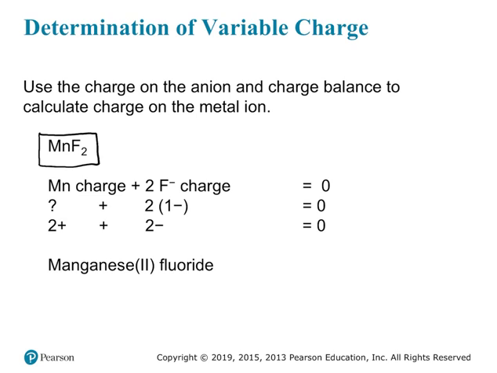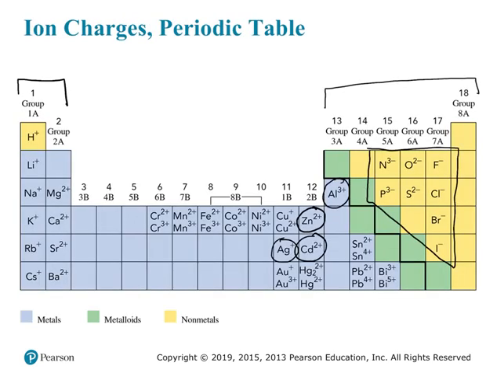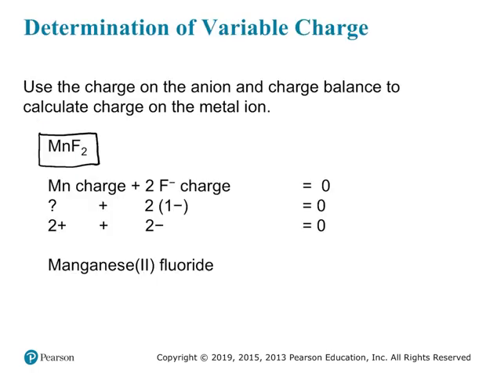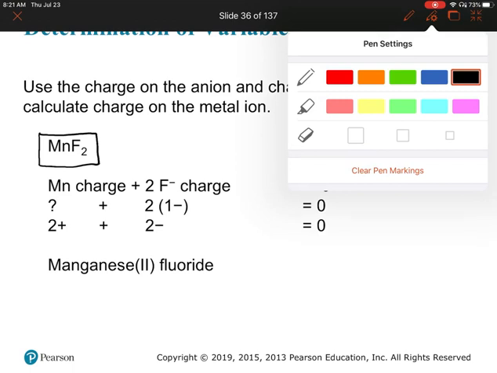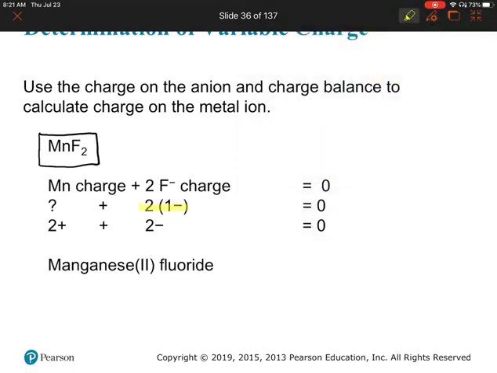So we know, if we go back, that fluoride is in group 7A and it always has a -1 charge. Now in this compound, we have 2 fluoride ions, so we have 2 negative charges total.